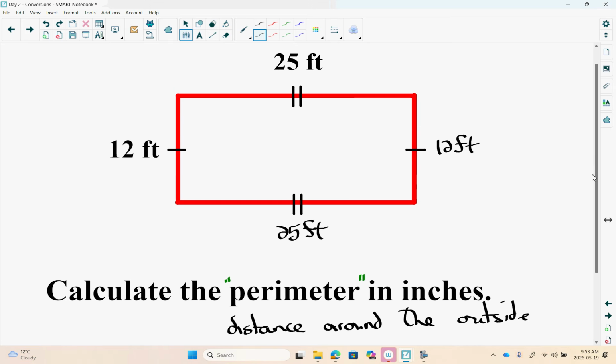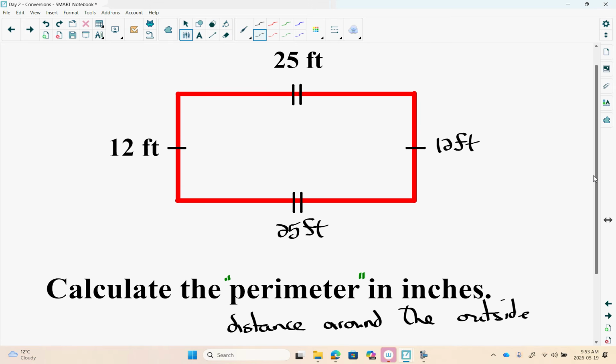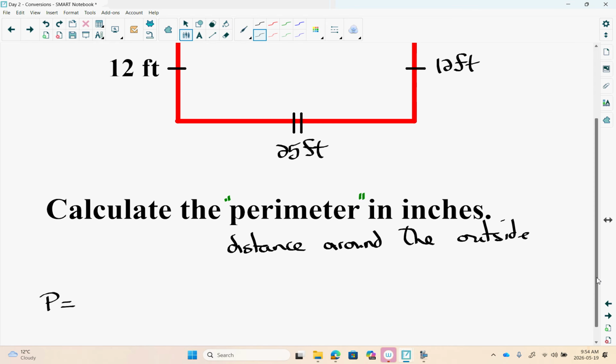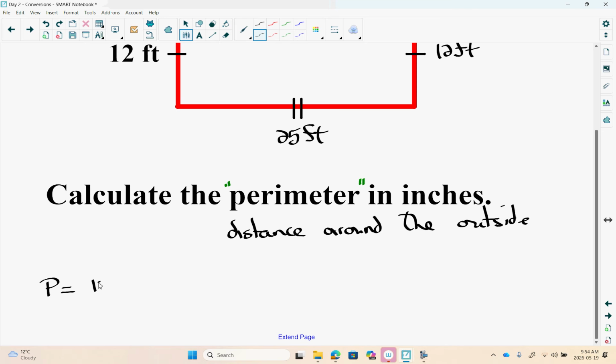What do I add up? What do I do with the 12, 25, 12, and 25? Add them. You could just go 12 plus 25 plus 12 plus 25. P equals, that's 50 and 24, 74 feet.